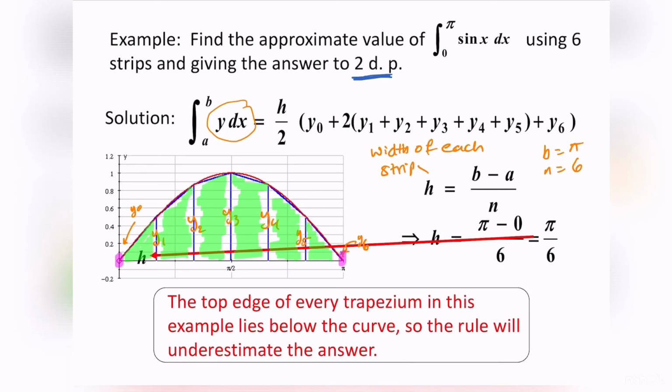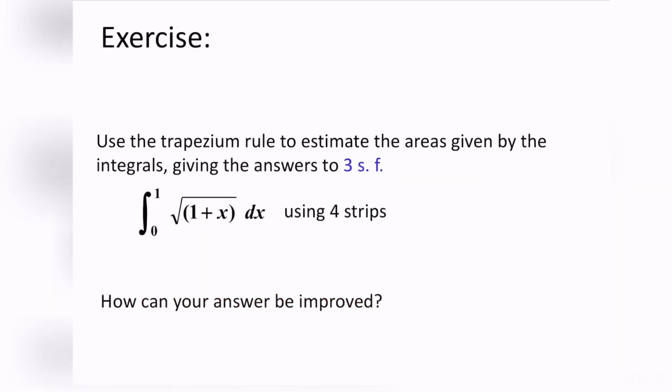Right. Exercise: use the trapezium rule to estimate the area given by the integral, giving the answer to 3 significant figures. This is the integral from 0 to 1 of root 1 plus x dx using 4 strips.